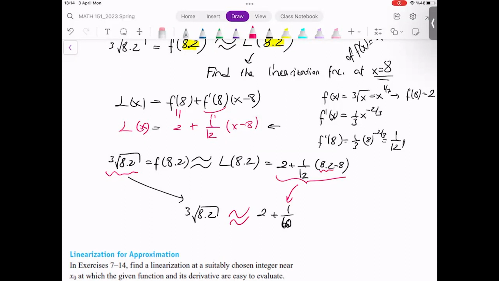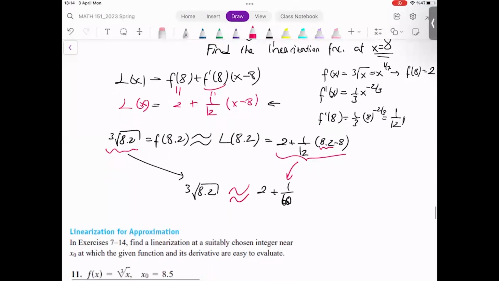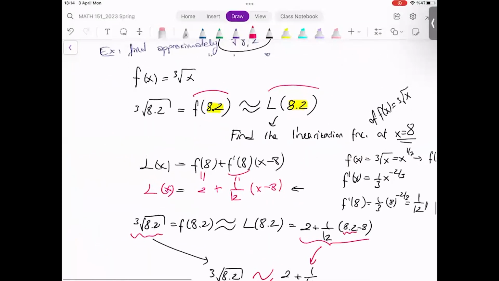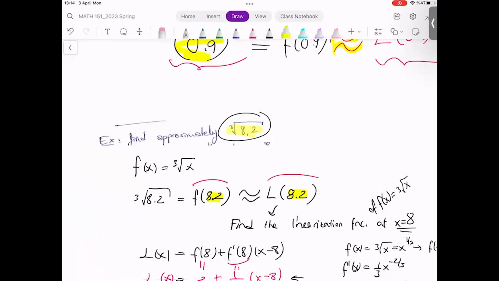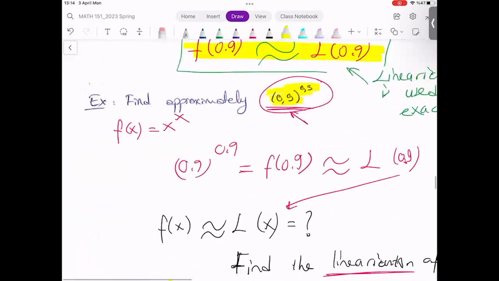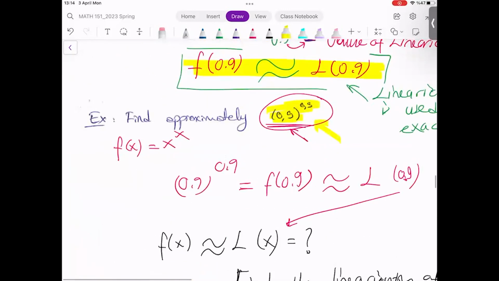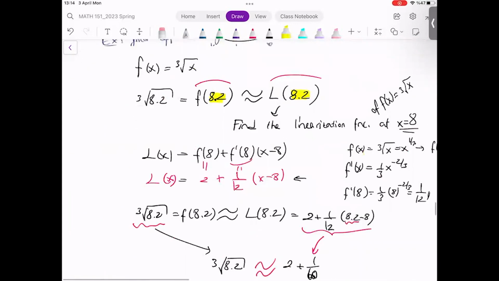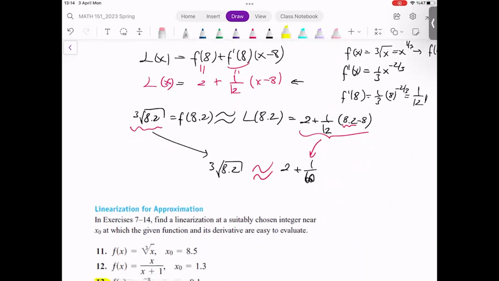Any questions now? No. Is it clear, right? Okay. Yes, teacher. That's how you use linearization to approximate strange values like this one, or like this one in the first example. We have a strong tool called the linearization function to handle such approximations.